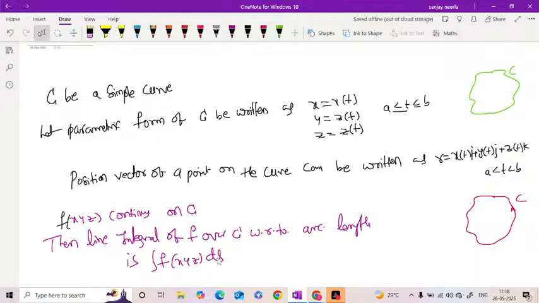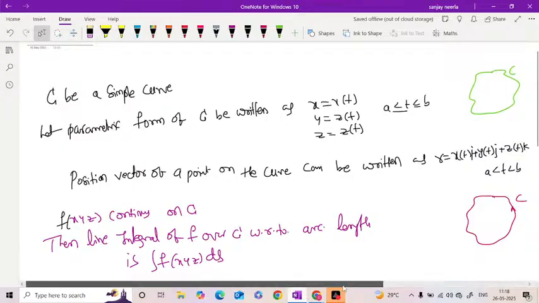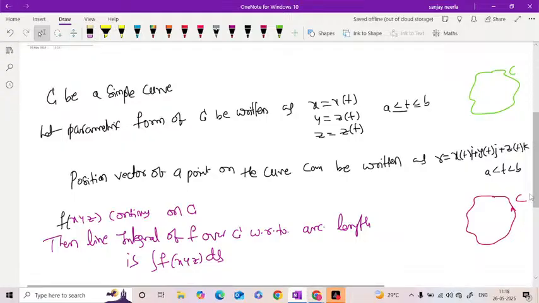What is the ds here? Arc length, very good. So ds is the arc length.